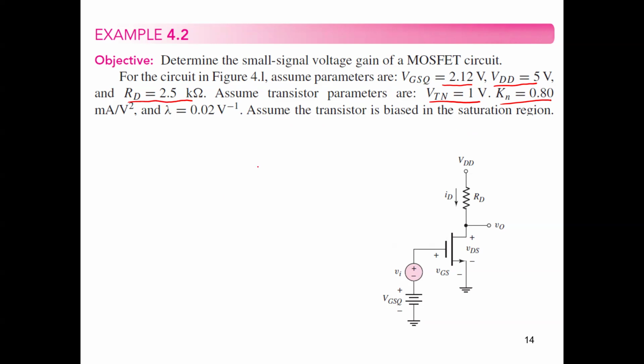So what we need to do is get the gain, which is nothing but minus gm times R out parallel RD. gm is the transconductance, R out is 1 over lambda ID, and RD is given.